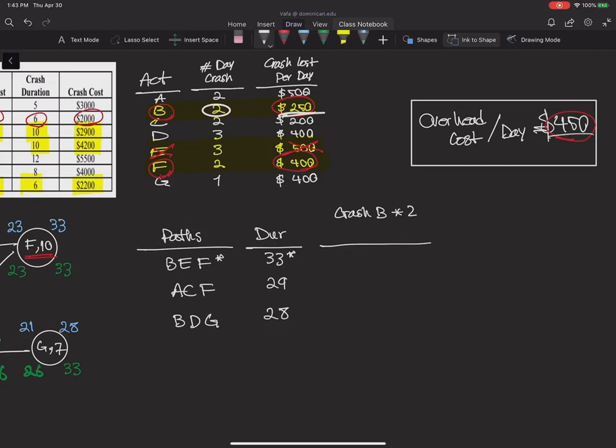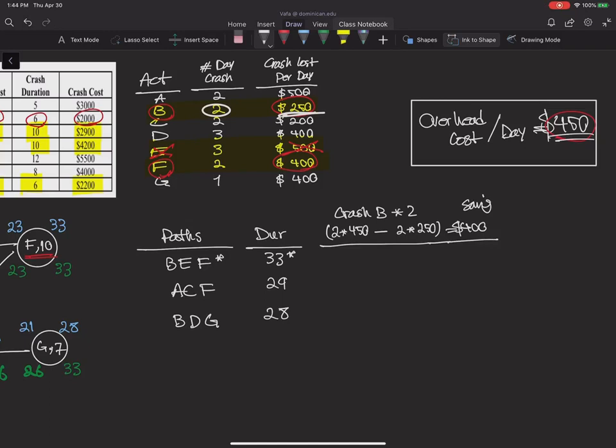But at the same time, I save 2 times 450, and I pay 2 times 250. Therefore, I'm saving 900 minus 500, which is $400. So $400 of saving, and I'm crashing the project by 2 days.